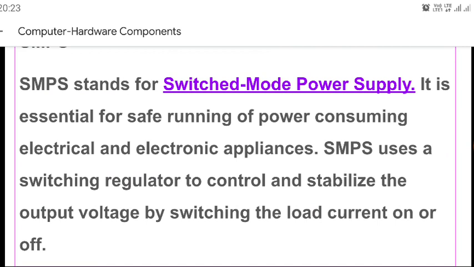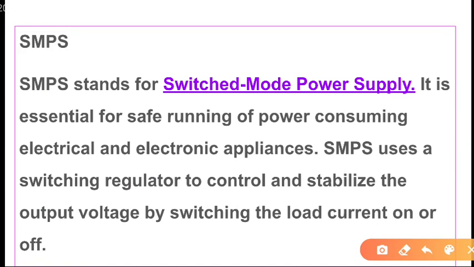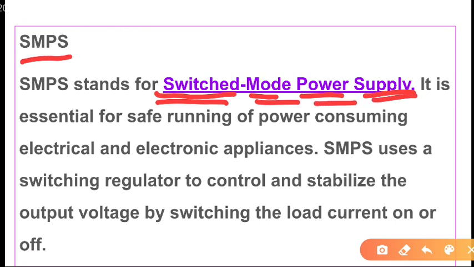Okay students. The next internal hardware is the SMPS. First, let me talk about the full form of SMPS. The full form of SMPS is Switched Mode Power Supply. Okay.